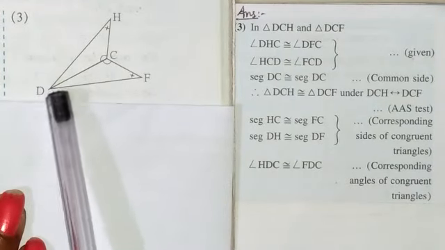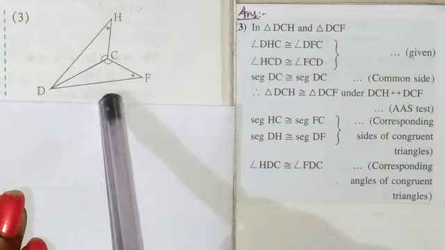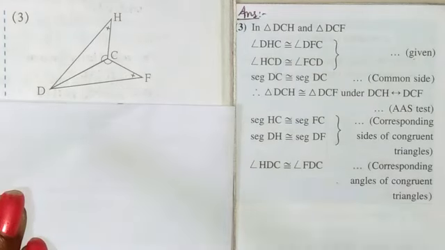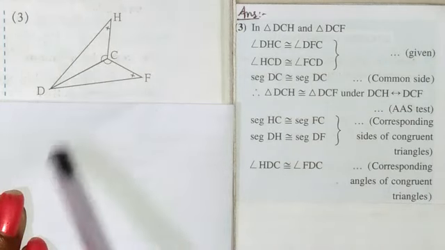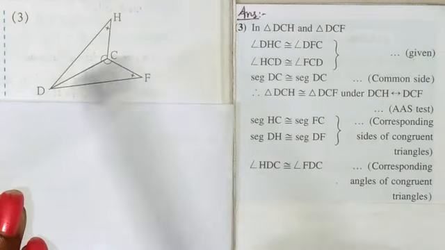Here is our third figure where two triangles are joined to each other with one common side. Let's solve the answer. In triangle DCH and triangle DCF, what is given?